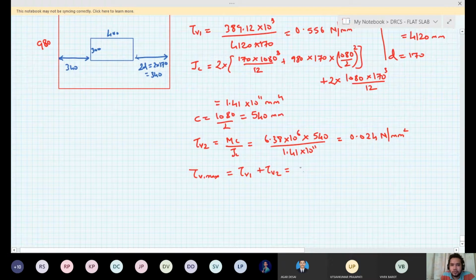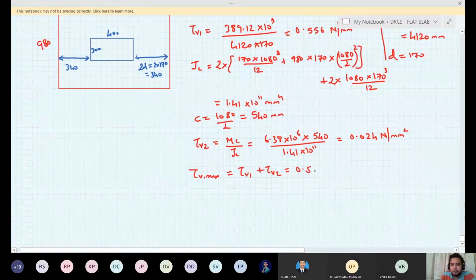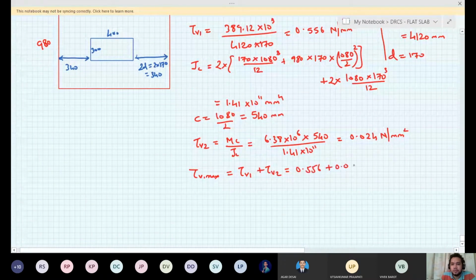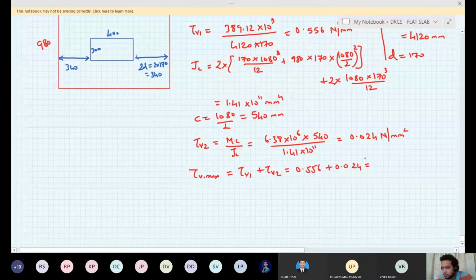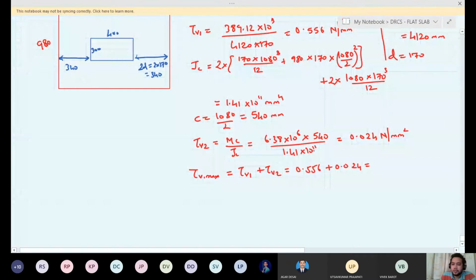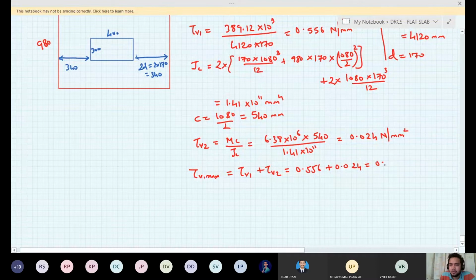So tau v1 is 0.556 plus 0.024, it is 0.58 Newton per mm square.